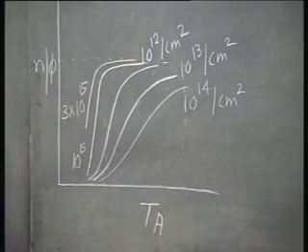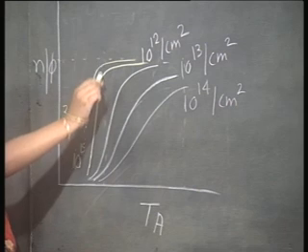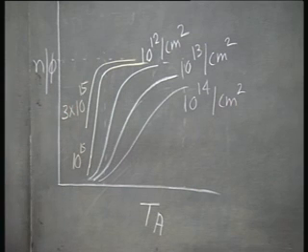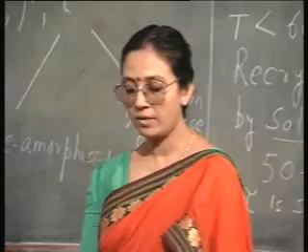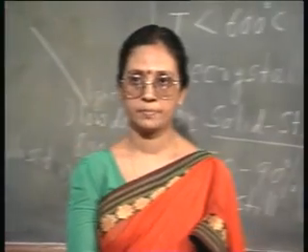By 600 degrees centigrade, I have come to the knee of this curve, that is at around 90% of carrier activation. Okay? So, this is the annealing behavior of phosphorus.